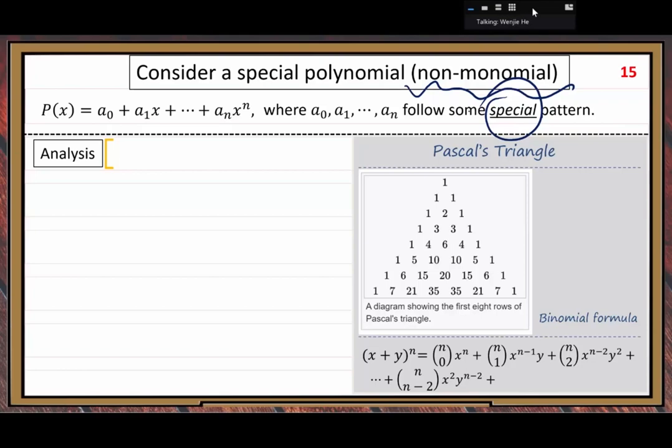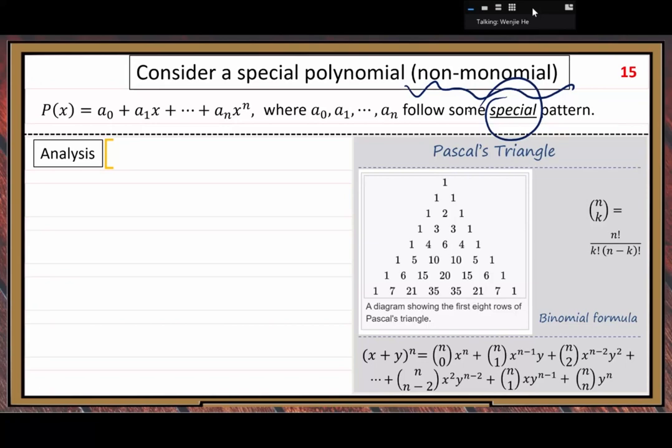So what's the definition of the combinatorial numbers? The definition is n factorial over k factorial times (n minus k) factorial. That's the definition of this combinatorial number.